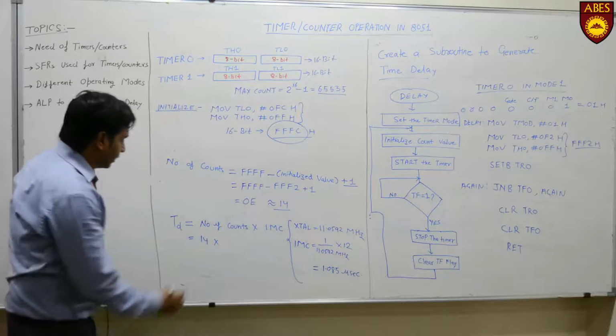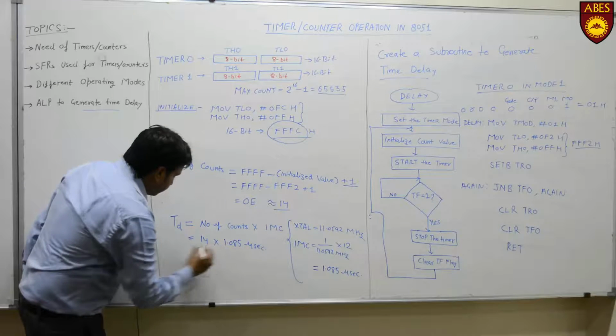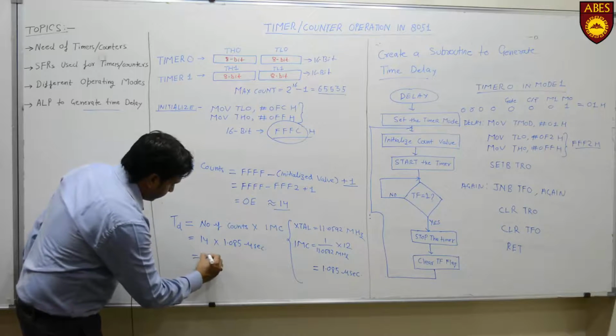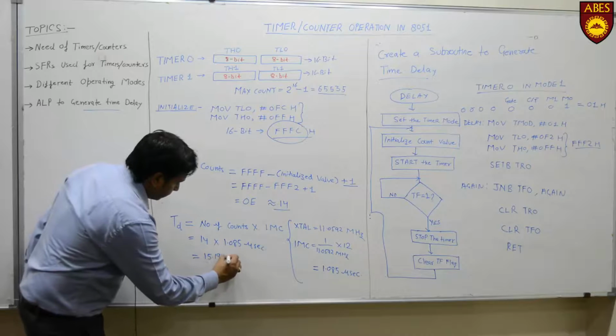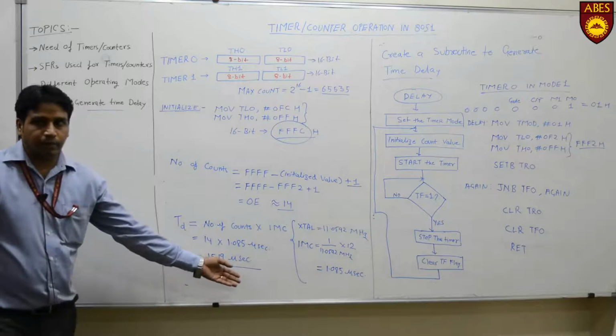If we put this value 1.085 microseconds here, we will get a time delay of 15.19 microseconds. So this program is providing a time delay of 15.19 microseconds.